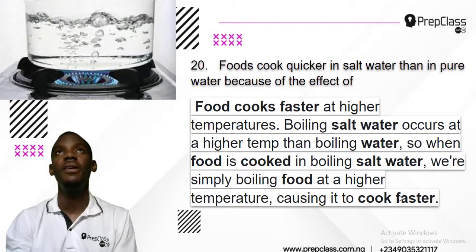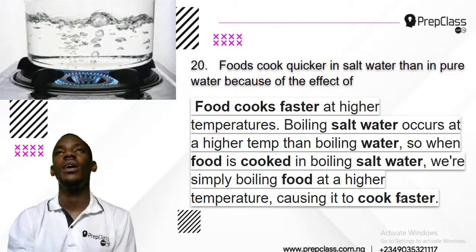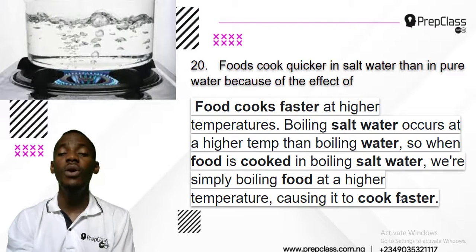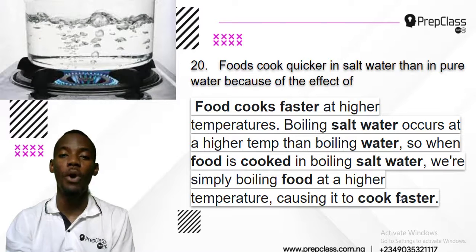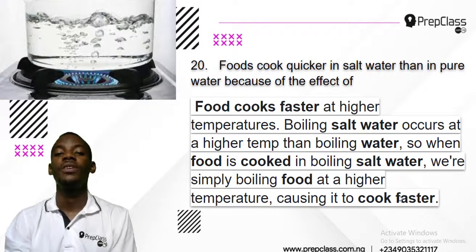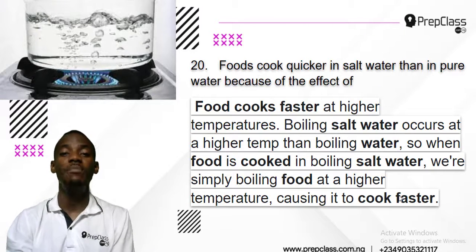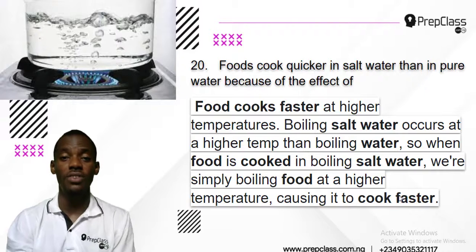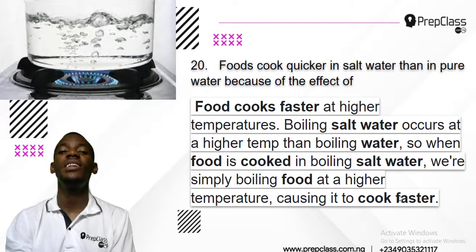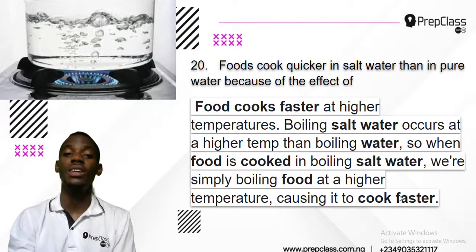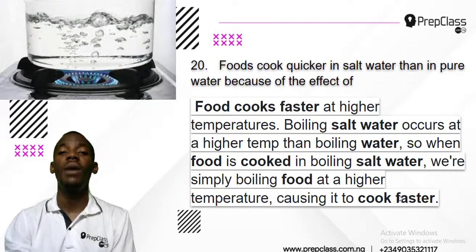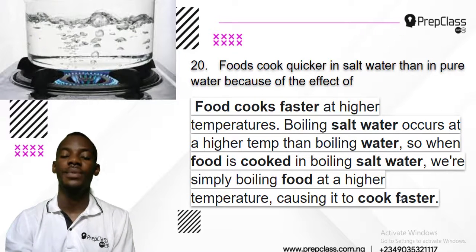It will boil at maybe 105, because impurity, which is salt, causes water to boil at a higher temperature. That means it is more difficult for water to boil if the water is not pure. So if the water is pure, it boils at 100 degrees Celsius. That is normal. But if it has salt, it boils at a higher temperature. Impurities make it difficult for water to boil.